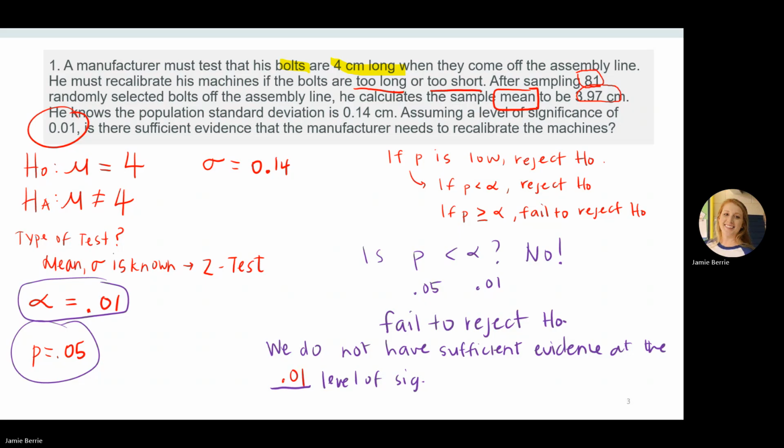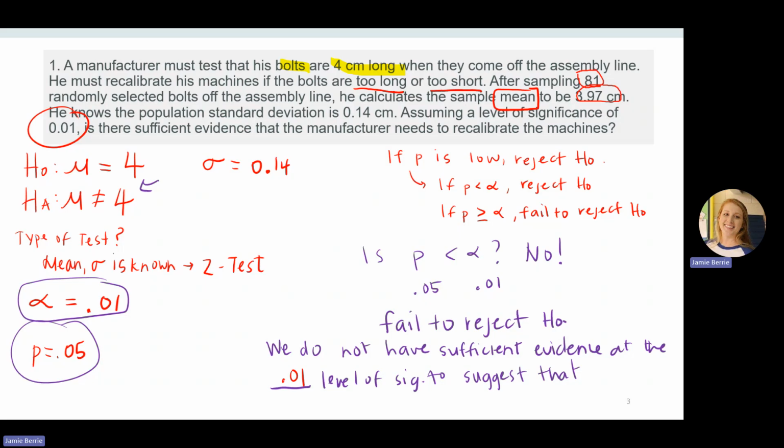So we do not have sufficient evidence at the 0.01 level of significance to suggest that the bolts, we're just rephrasing our alternative hypothesis.